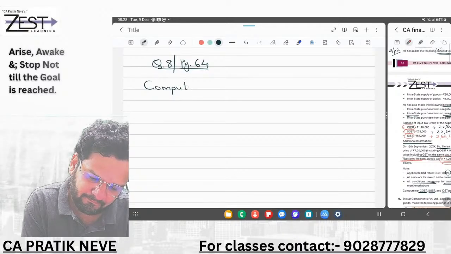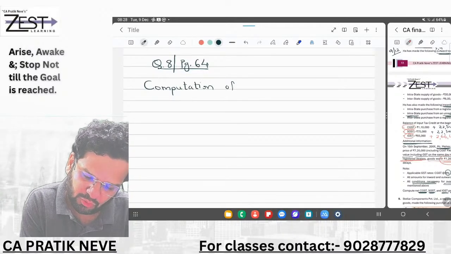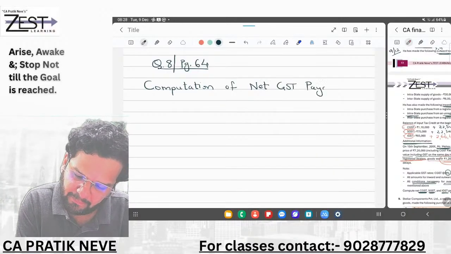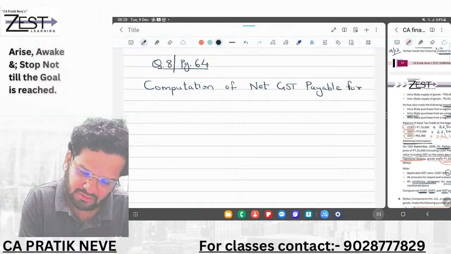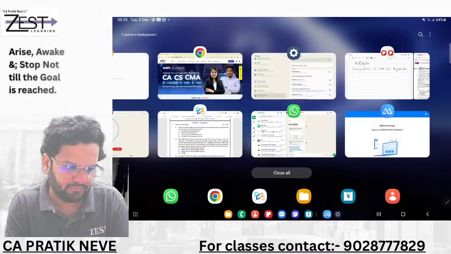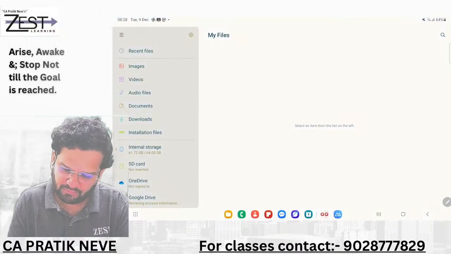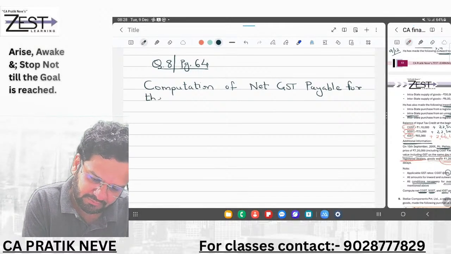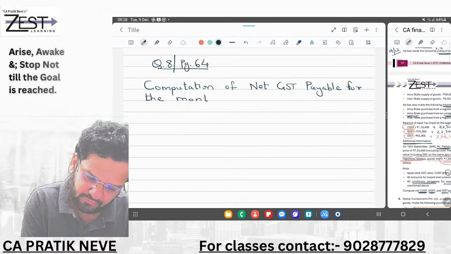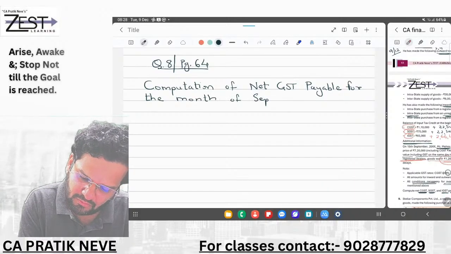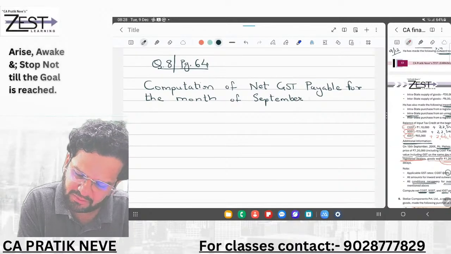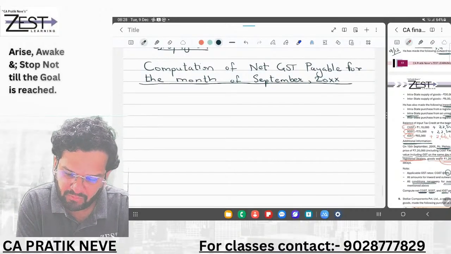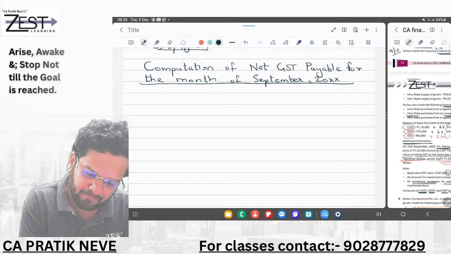Computation of net GST payable for the month of September, whatever September it is, for the month of September, which all output GSTs are payable.